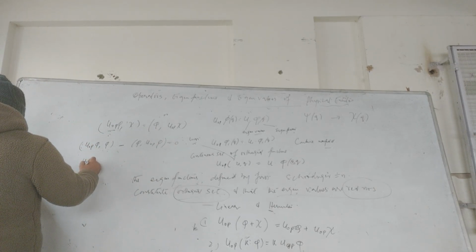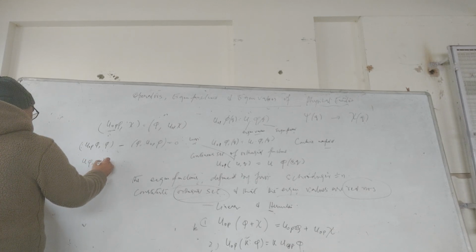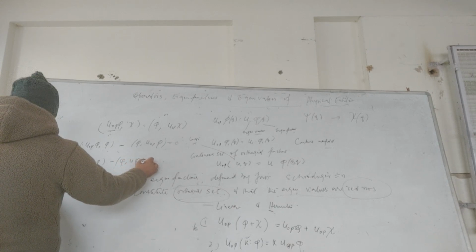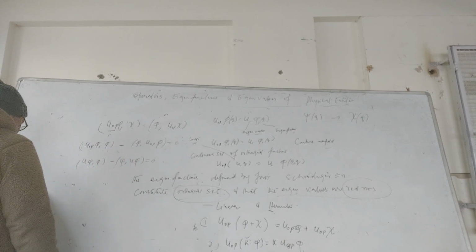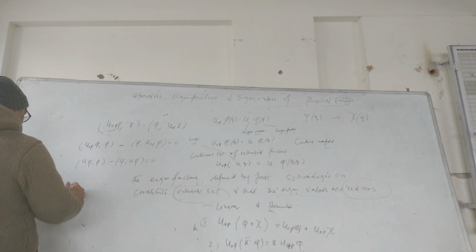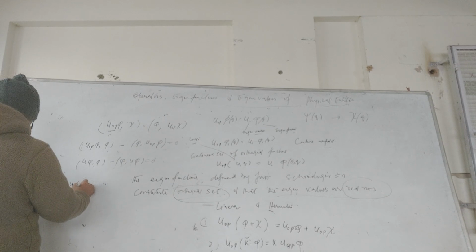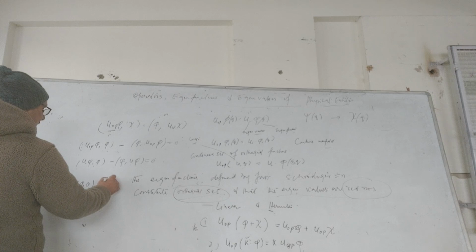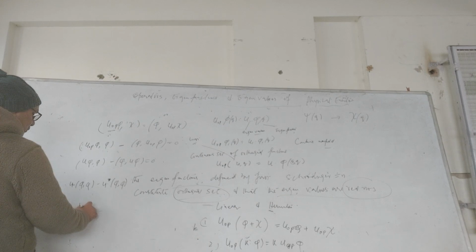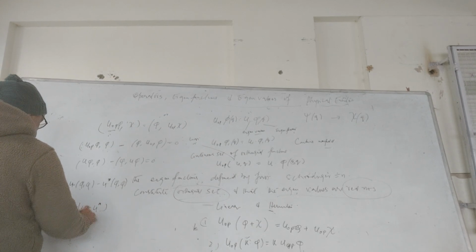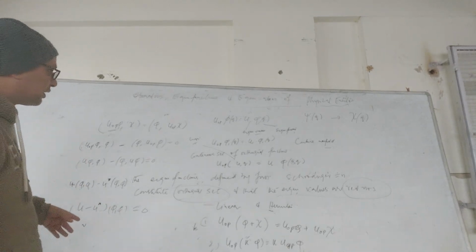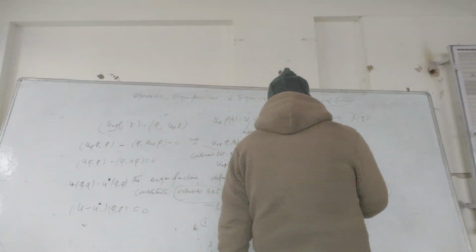Or U of phi minus phi of U phi is 0. Taking it outside as the Hermitian conjugate, we get U of phi minus U dagger phi of phi, so (U minus U star) times the inner product of phi with phi is 0.